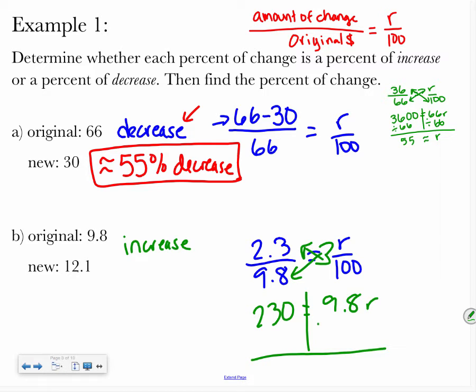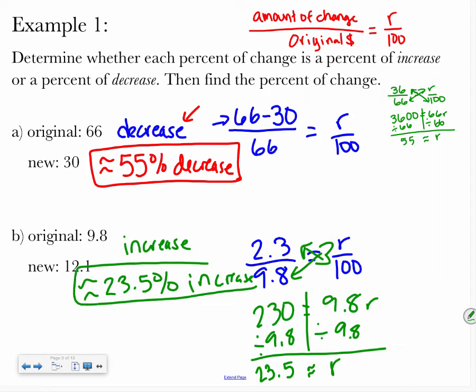To get r by itself, again, I have to divide. So r is approximately equal to 230 divided by 9.8, which is going to give me approximately 23.5. So I'm going to say approximately 23.5% increase.